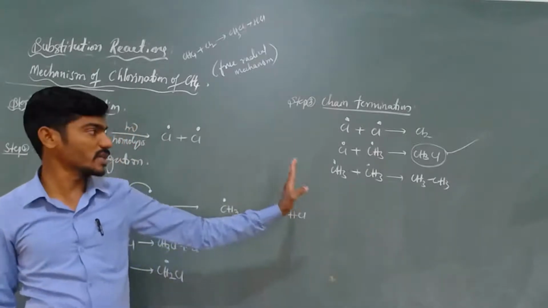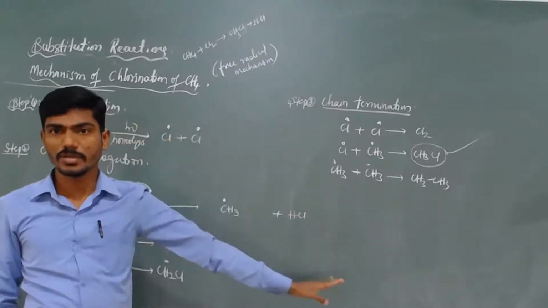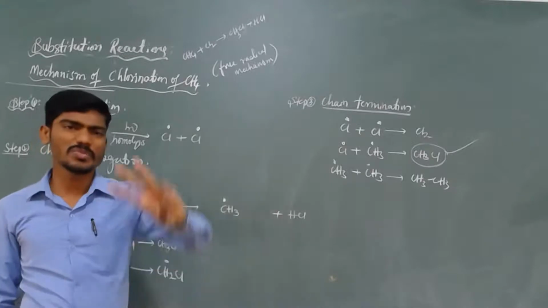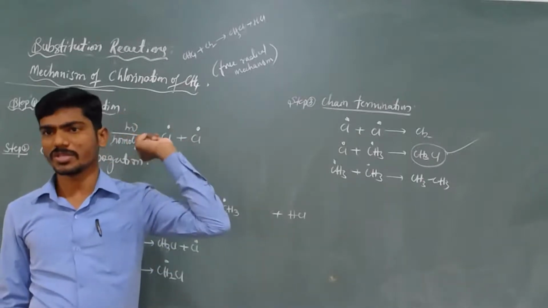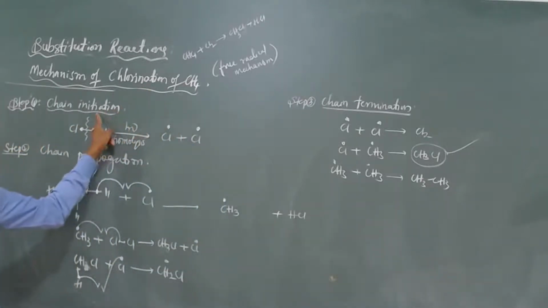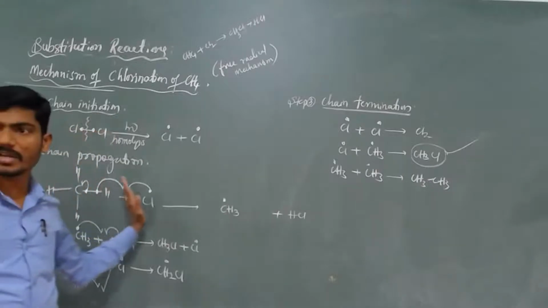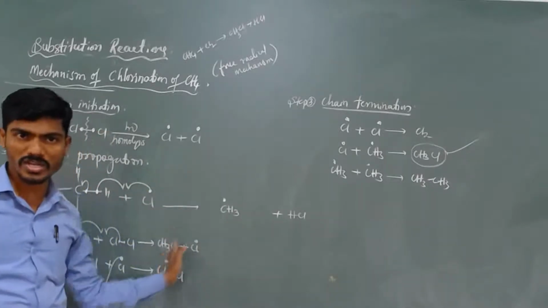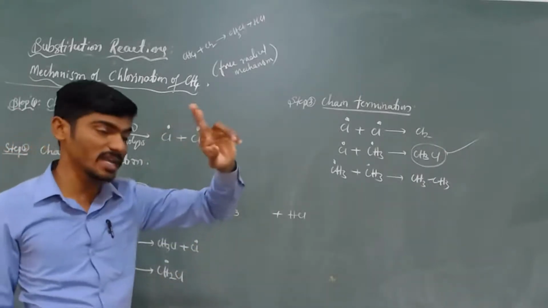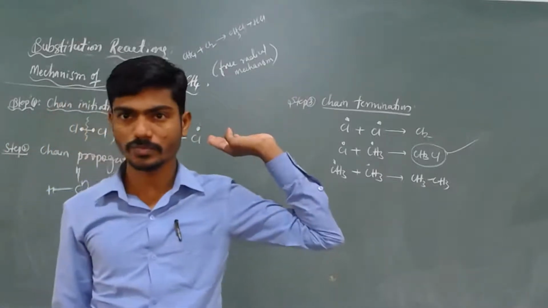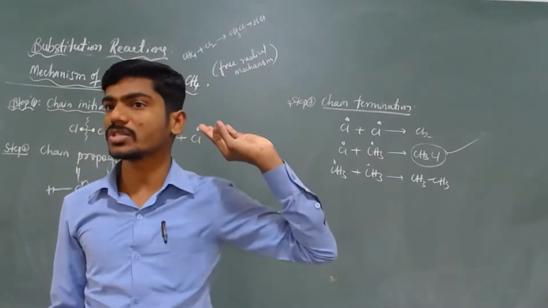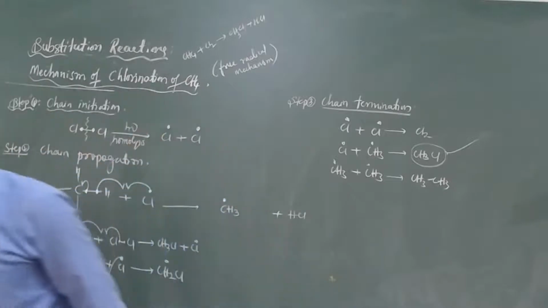So chain termination is last. This is the mechanism, so simple, three steps: initiation, propagation, termination. In initiation, the radical is generated. In propagation, the further reactants react. In termination, two or more radicals combine to give the product. Over. This halogenation reaction is complete. Next one.